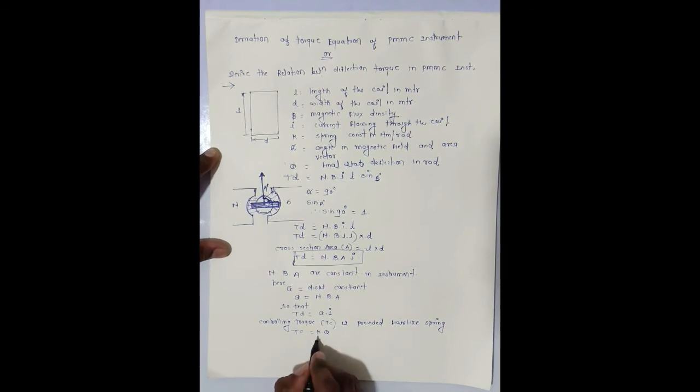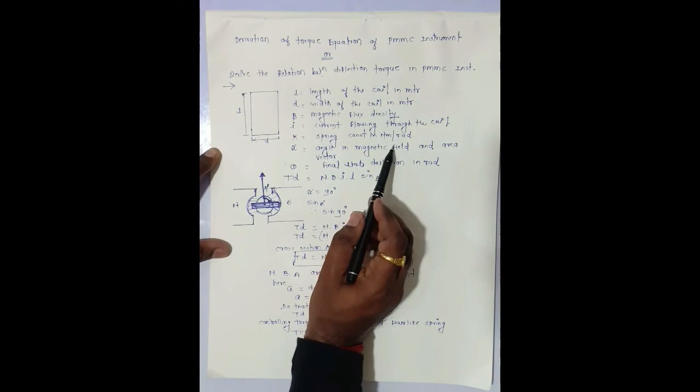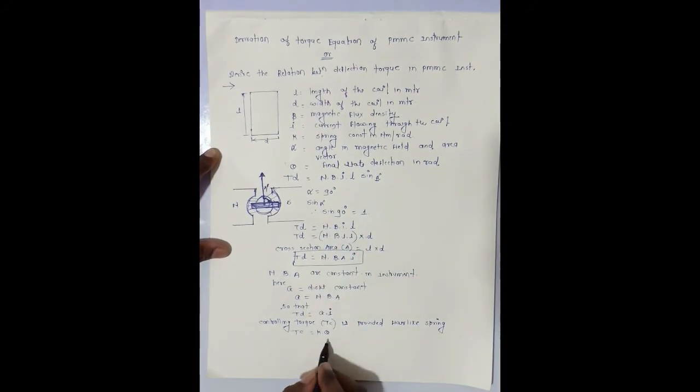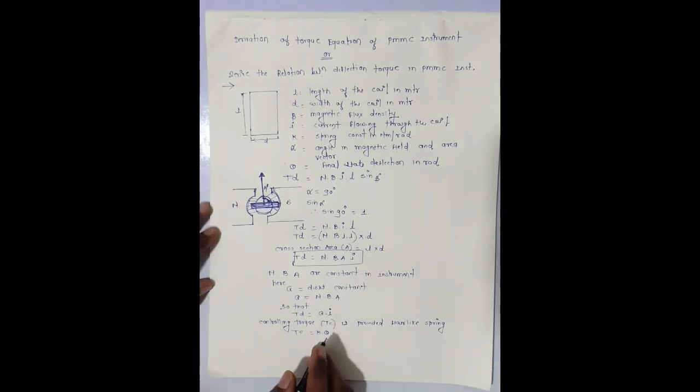Here K is the spring constant in Newton meter per radian, and theta is the final steady state deflection in radian.